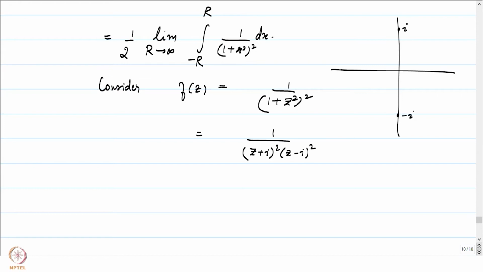Let's consider the following curve that I am going to draw from minus r to r along this straight line in this direction, and then go along the semicircle.